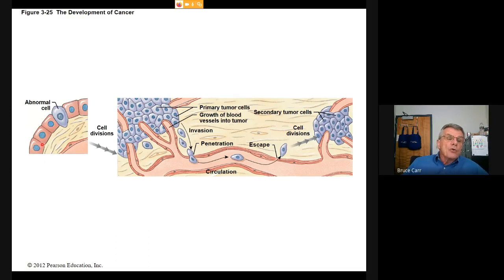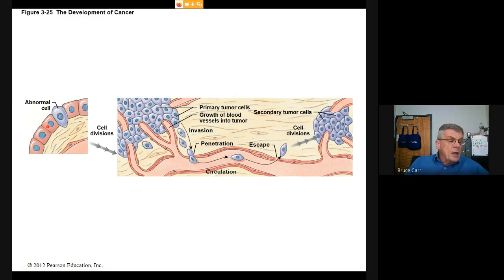This is the abnormal cell here. The cancer cell starts as a single cell, and in this state, it doesn't really do anything to harm you. But this is a different cell, whereas most of these surrounding cells will divide and then will function for a period of time before they die and are replaced with a new dividing cell.